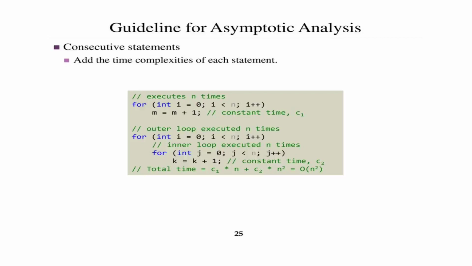So the total time complexity is order of n square. So the maximum complexity we can get is the power notation, that is the time complexity for looping statements.